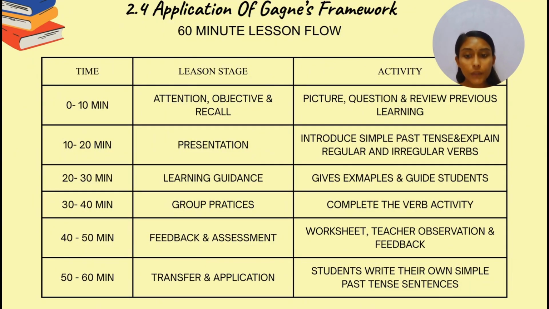From 30 to 40 minutes, students participate in a group work activity. From 40 to 50 minutes, students complete their worksheet while the teacher observes and provides feedback. Finally, from 50 to 60 minutes, students complete a short writing task to apply the simple past tense independently. So the 60-minute flow gives students the opportunity to learn, practice, receive feedback, and apply their knowledge.